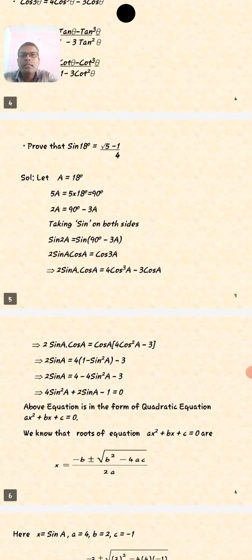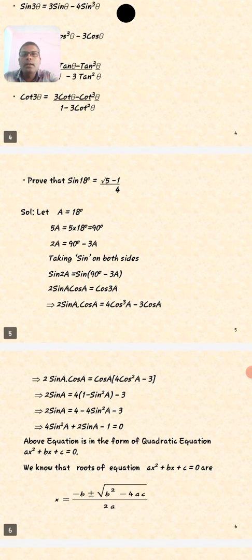Now you see here, prove that sin 18 degrees is equal to root 5 minus 1 by 4. Okay, now we have to prove that the value of sin 18 degrees is equal to root 5 minus 1 by 4. Let A be equal to 18 degrees.